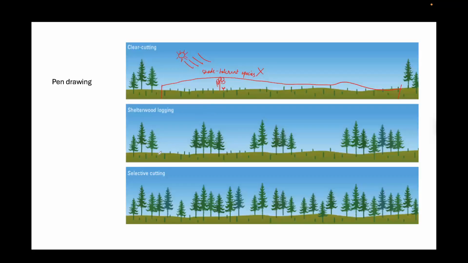Whereas in a shelterwood logging system, when the regeneration is happening, there is always a protective canopy which is protecting from the sun's direct rays, but this is not suitable for light demanding species.